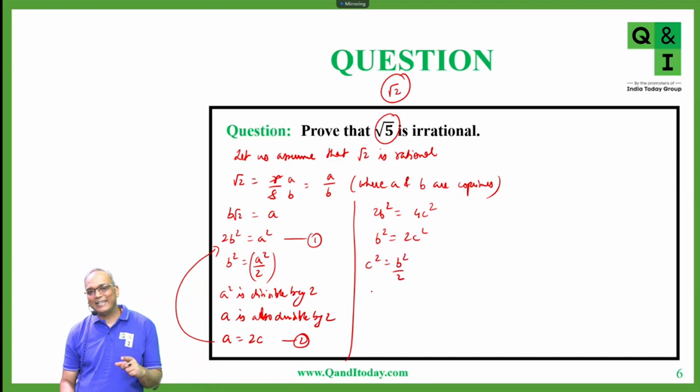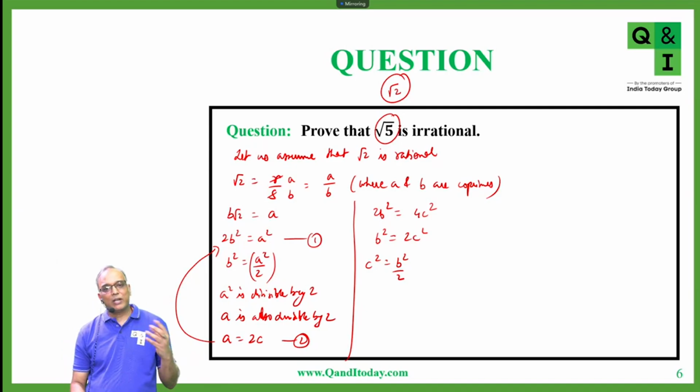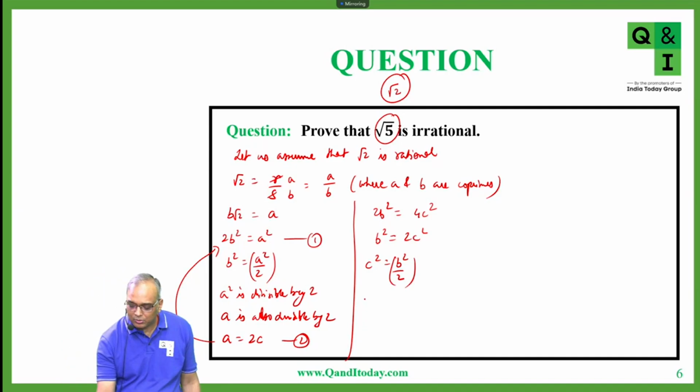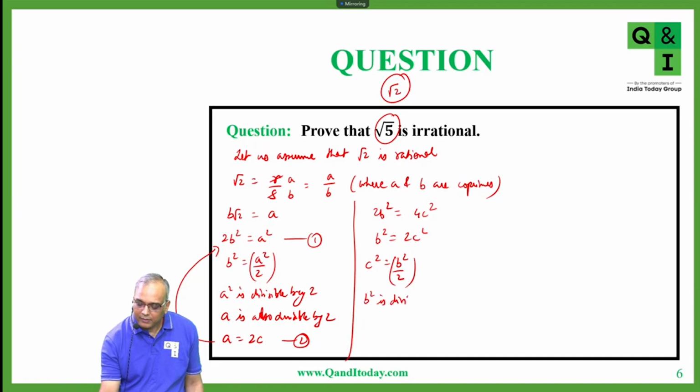Now c again is an integer, so c square will also be an integer. That means b square is divisible by 2. This implies that b is also divisible by 2.